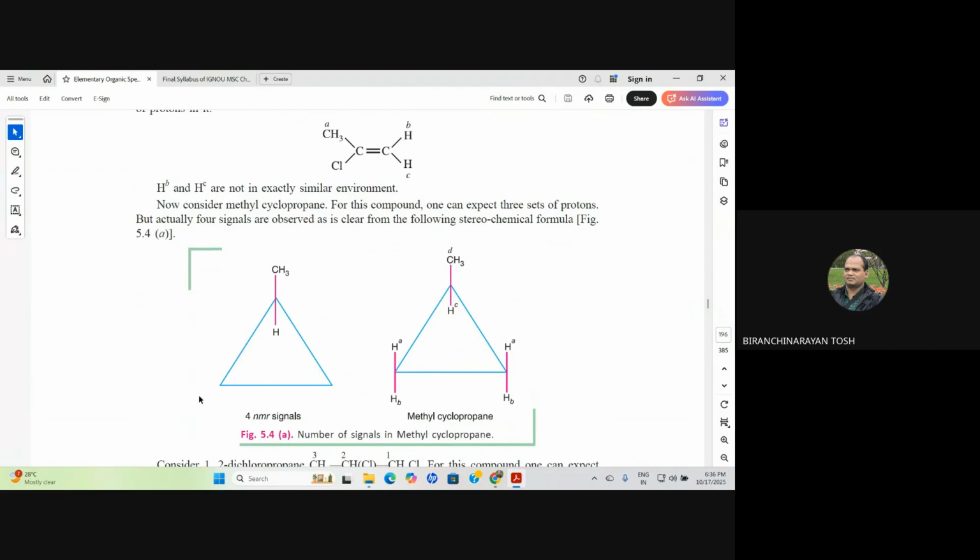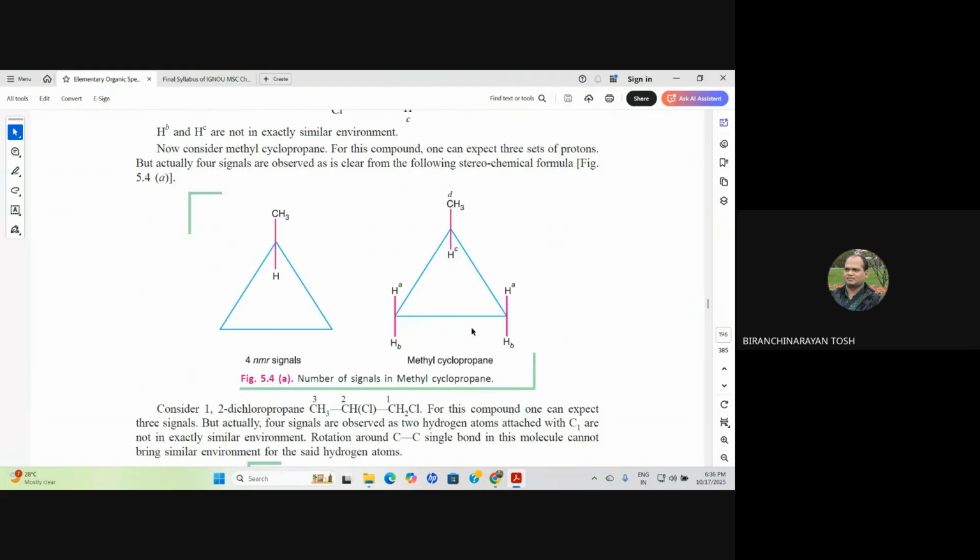These two hydrogens will give two signals because you can see here this hydrogen is cis to the methyl group and this is trans. So these two hydrogens are not in the same environment. Okay, clearly understood, I think. So one signal for this, another signal for this, this is third and this is fourth. We'll get four signals for methyl cyclopropane.